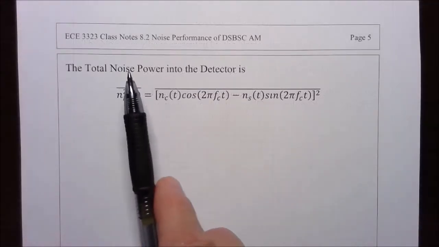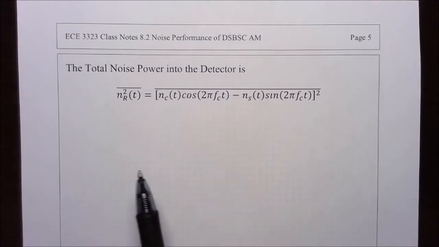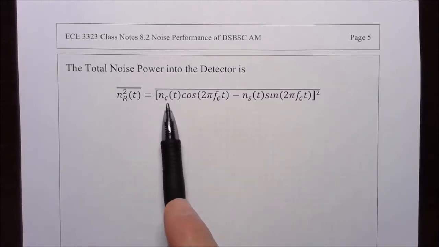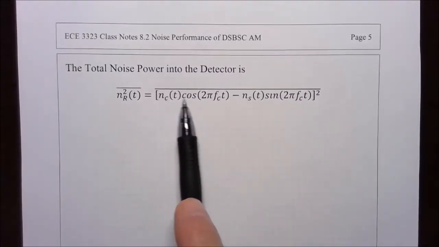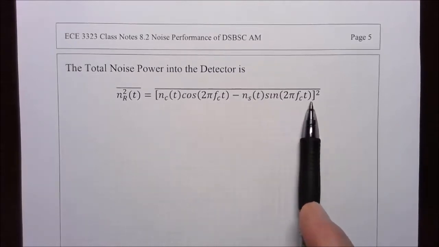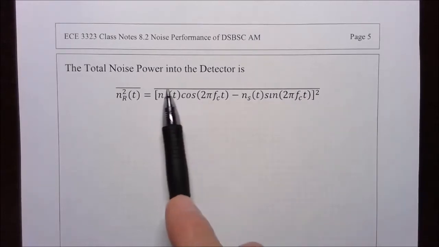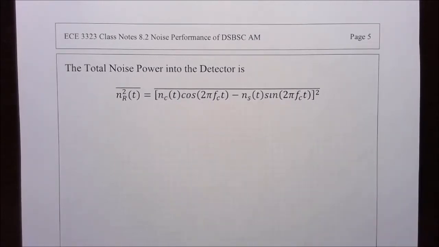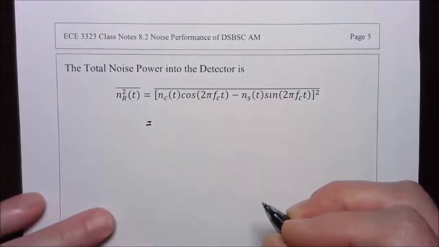Okay, I'm looking to find the total noise power into the detector of the demodulating system. So the noise is modeled as this narrowband noise model, N_c of t times cosine 2 pi f_c t minus N_s of t sine 2 pi f_c t. This noise signal will be squared and then time averaged. So when we apply this, we are going to have these terms.